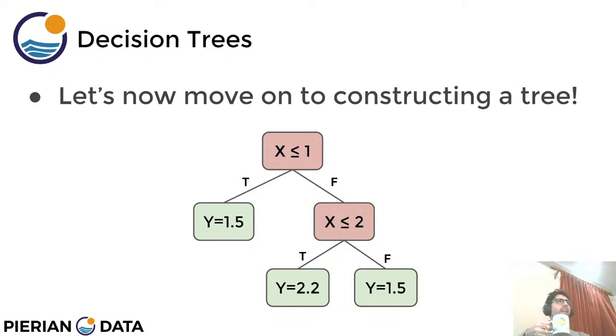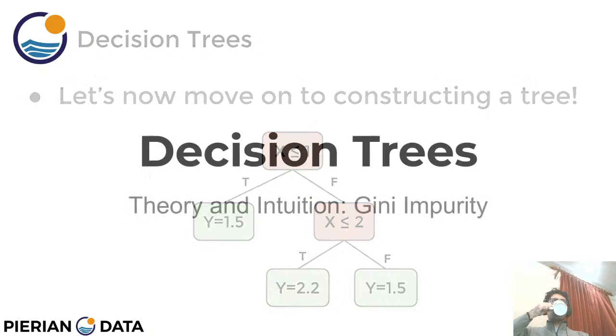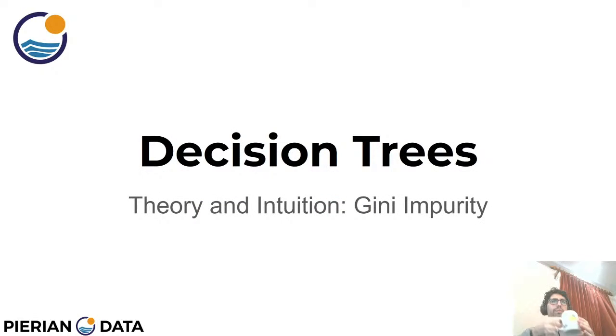Okay, now I'm going to move on to constructing a tree. When I talk about constructing a tree, I'm really just talking about Gini impurity. That's really what I want to get across here. And then we can play around with the different factors that are available to us within scikit-learn.